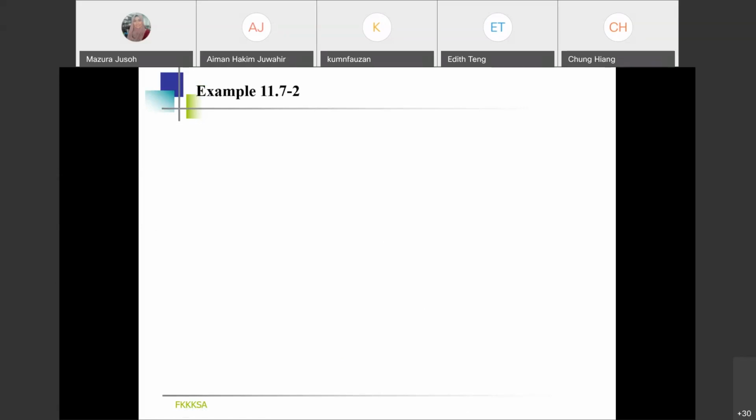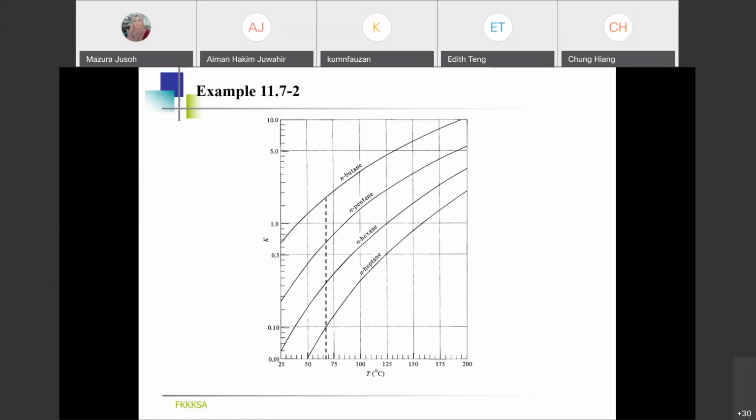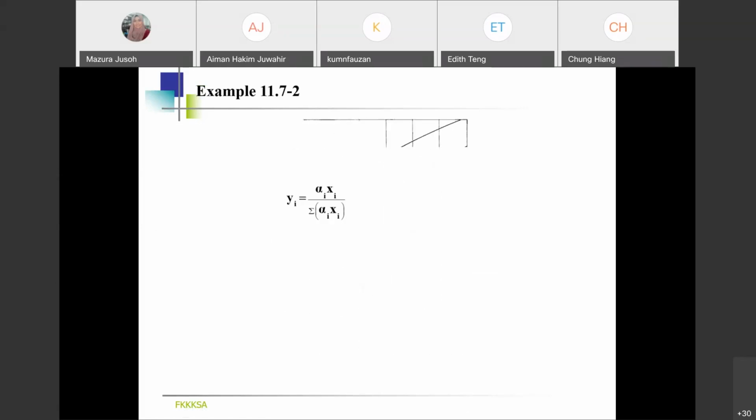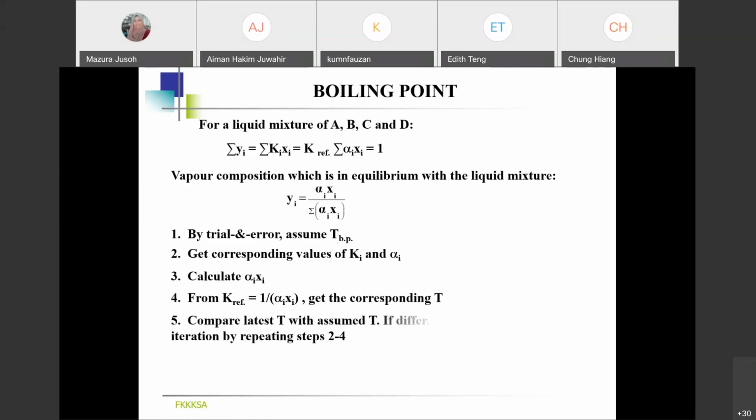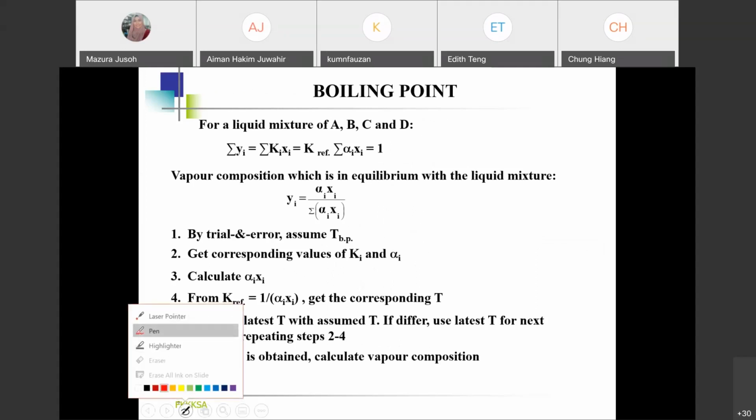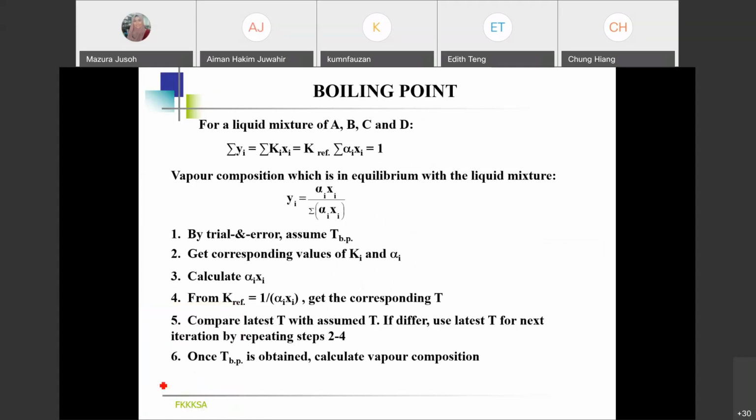So this is for boiling point. For boiling point the formula is different. This is the formula. For boiling point, you take the alpha times the xi.